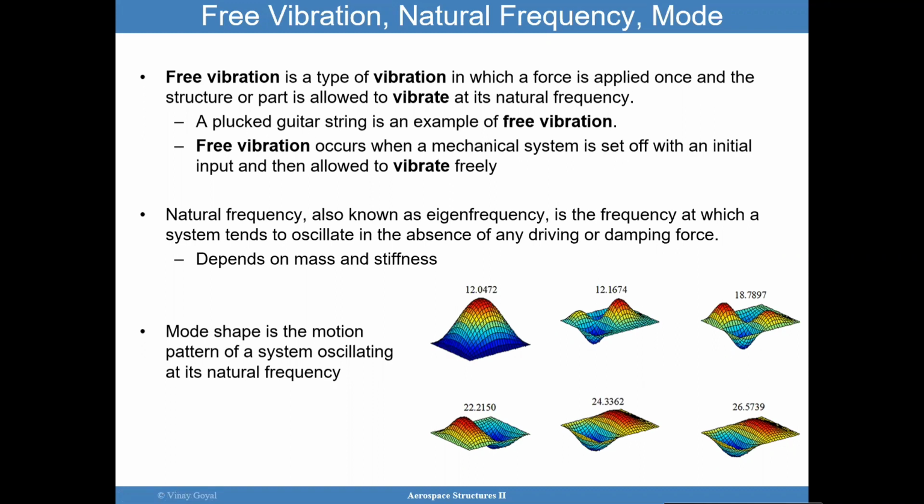So it's going to oscillate at 12 cycles per second. And so you could have other types. If it were to have 26 cycles per second here at the bottom right, then it's likely to take this shape. So the mode shape is a motion pattern of a system oscillating at its natural frequency.